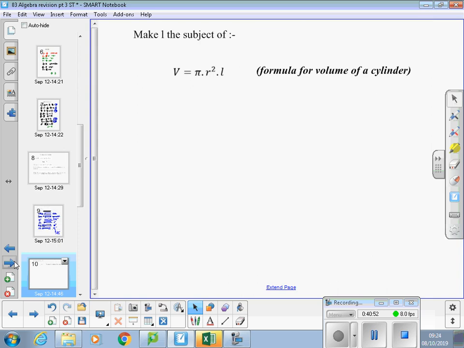So, what do we do to make L the subject of V is equal to pi r squared L? Divide by pi times r squared, did you say? Yeah.